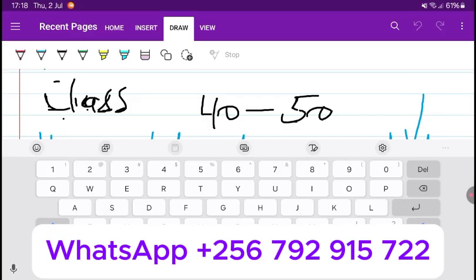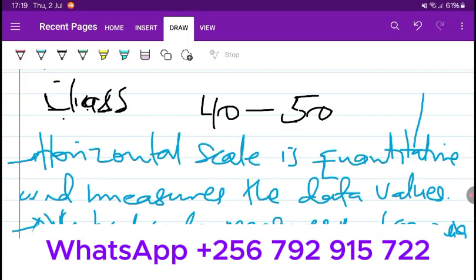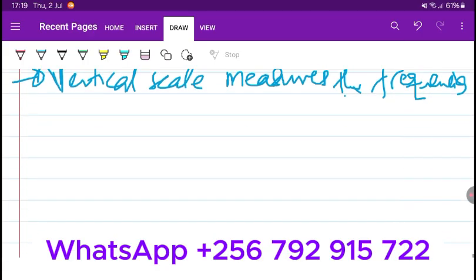And because we have consecutive bars representing our data set, these bars must begin and then end at the class boundaries instead of the class limits.